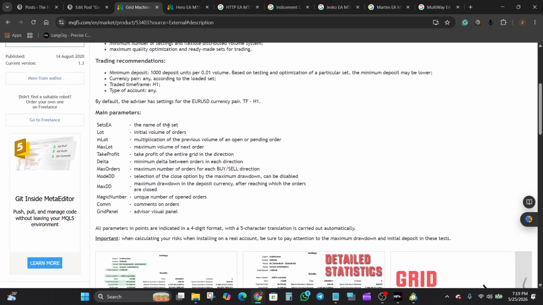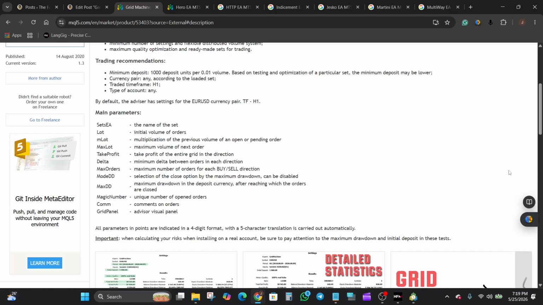Okay, so now looking at the parameters, the EA gives a fairly structured control panel. There are settings for initial lot size, volume scaling between orders, maximum lot limits, take profit for the full grid, and spacing between orders. There is also a maximum order limit for both buy and sell directions, along with drawdown based protection settings, which can close positions if risk thresholds are reached.